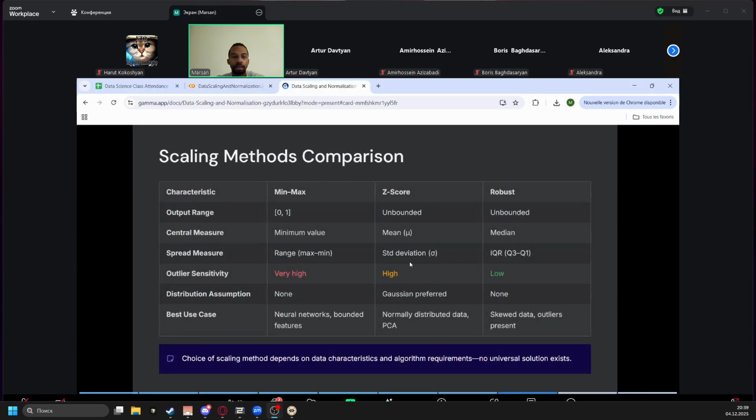If I make a little sum up, in min-max we have a range between 0 and 1. In z-score and robust scaling, it's unbounded, but the spreadness is pretty small.